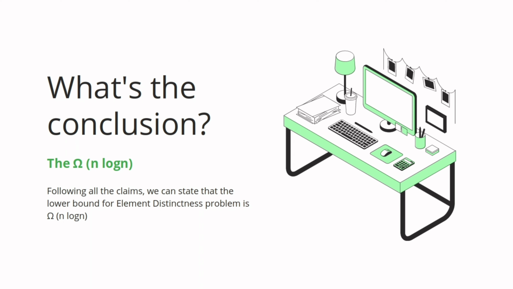So, an algorithm which solves the element distinctness problem can have an upper bound of n square or even anything greater than n log n. But it cannot have an algorithm which will solve this element distinctness problem in a time lesser than n log n, where n is the size of the input. This is what we have proved with the lower bound.